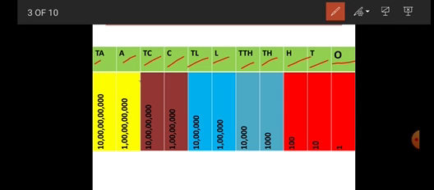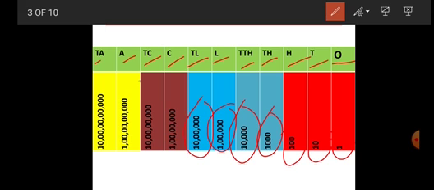Ones is the smallest one digit number. Tens is the smallest two digit number. 100 is the smallest 3 digit number. 1000 is the smallest 4 digit number. 10,000 is the smallest 5 digit number. Lakh is the smallest 6 digit number. 10 lakh is the smallest 7 digit number.